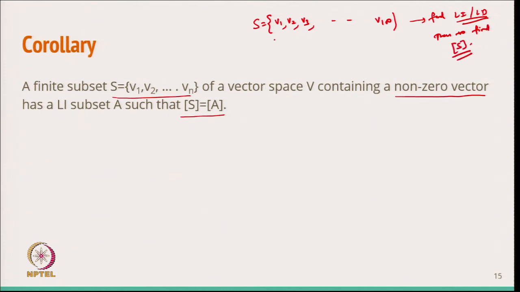In this case it is sometimes very difficult to check whether this set is linearly independent or dependent.